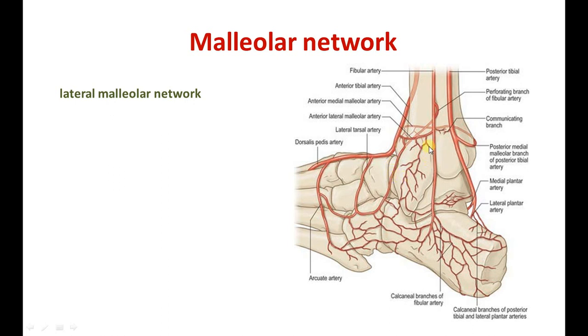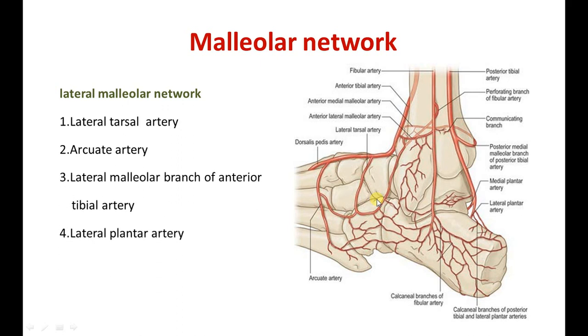The lateral malleolar network is formed by the lateral tarsal artery, the arcuate artery, the lateral malleolar branch of the anterior tibial, and the lateral plantar artery, and also from the perforating branches of the peroneal arteries. They all form the lateral malleolar network.